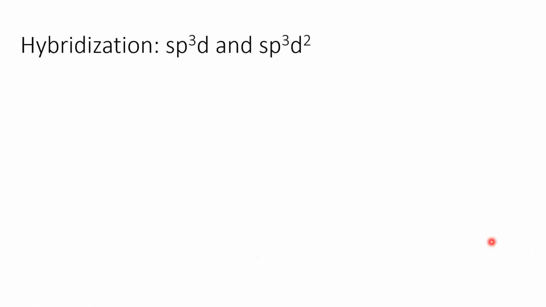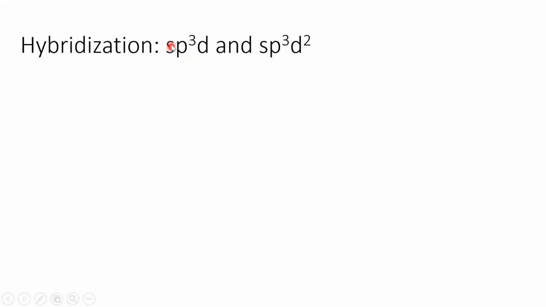Now, sp3d and sp3d2 are for hypervalent electron configurations or Lewis dot structures. So one s orbital, three p orbitals, and one d orbital would make an sp3d hybridized orbital.